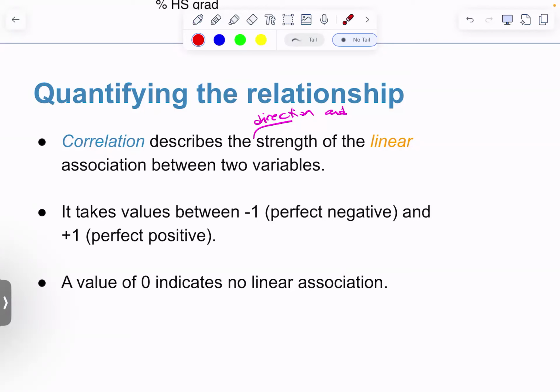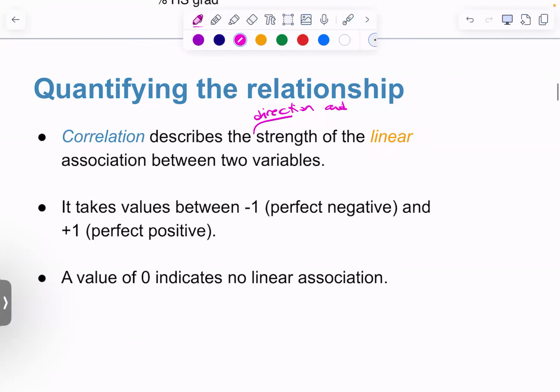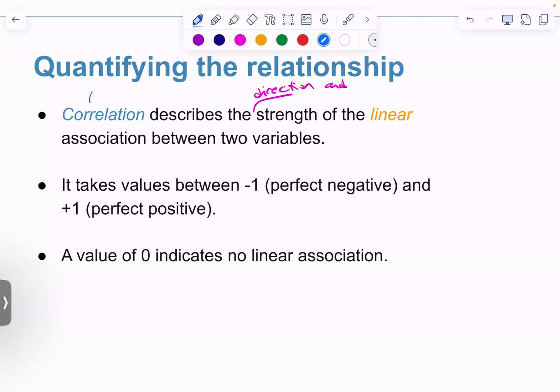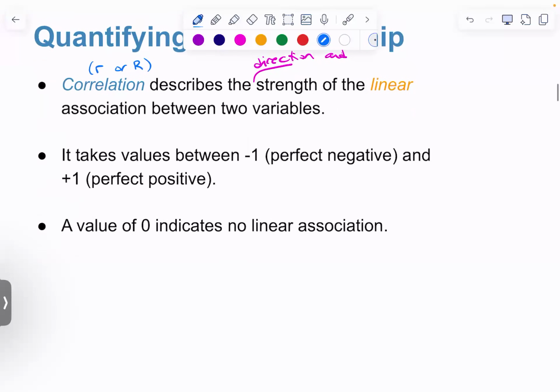Okay. The correlation, I'll say here, is denoted by R, lowercase r, or capital R. I know why she used capital R in the textbook, but I was raised on lowercase r, and so I'm having a really hard time. So I use lowercase r. You can use capital R. There's a note on your formula sheet. But let's talk about some key aspects of the correlation.